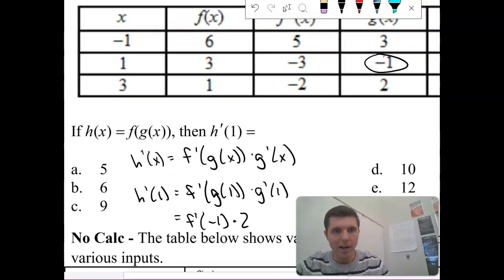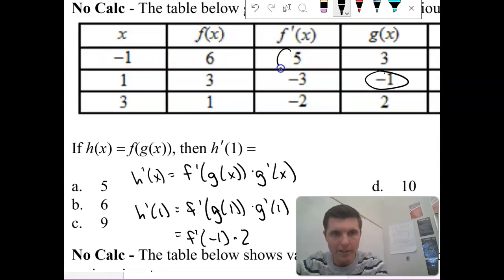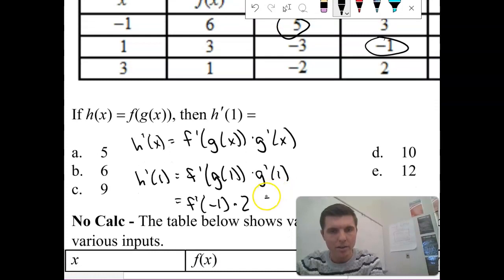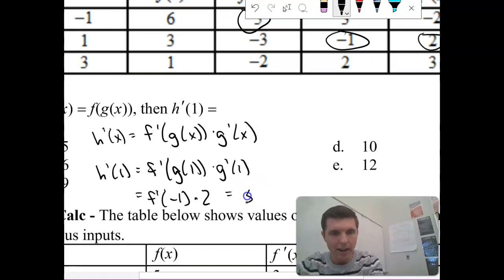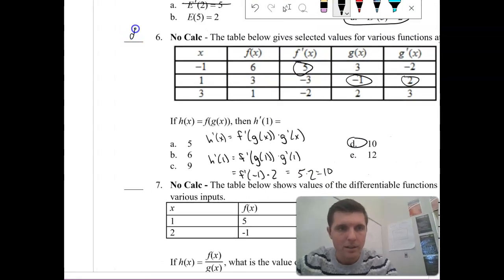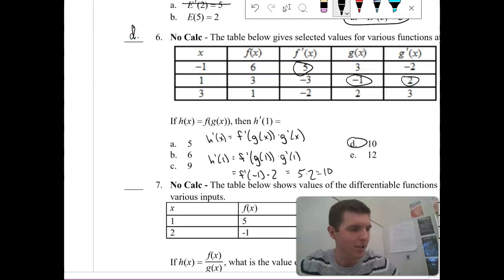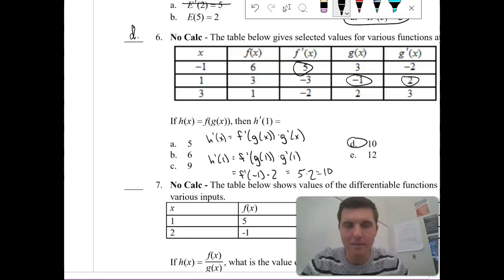And then we go to f prime of -1. Here's -1, here's f prime, I get 5. Okay, cool. So I have 5 times 2, or D on number 6 here. This was one that I missed the first time around, and then Joaquin had to tell me what the right answer was, so thanks, Joaquin.